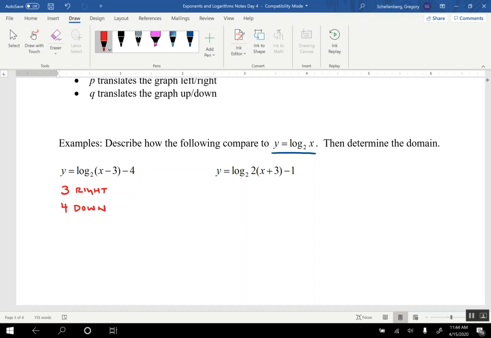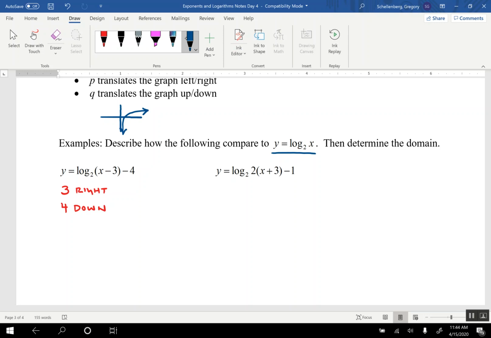Okay, the next part is to determine the domain. So I'm just going to give you a quick sketch again. I'll do this in blue. Log base 2 of x, just a very rough sketch, is going to look something like this. Now we've got a vertical asymptote on the y-axis, so the equation of that asymptote is x equals 0.